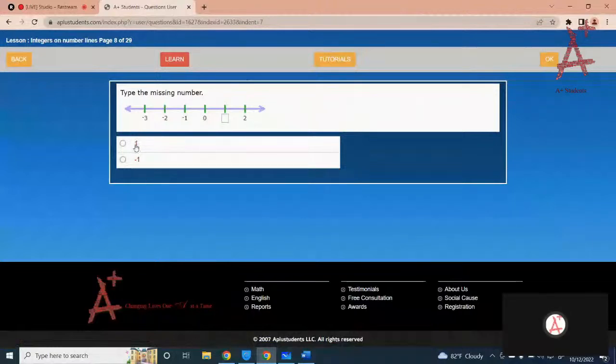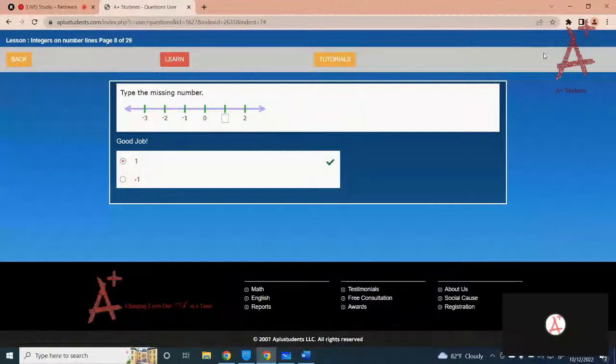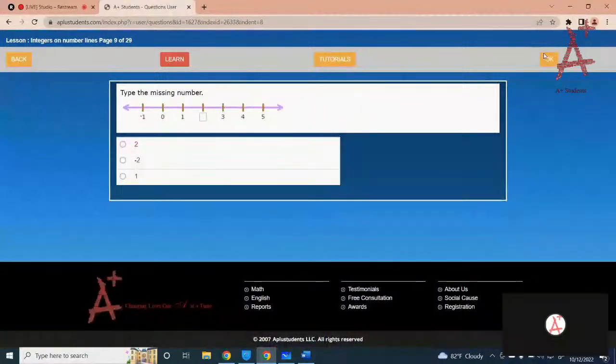Yes, it is 1. Very good. Type the missing number. So the missing number is in between 1 and 3. So which number is in between 1 and 3? 2. Very good.